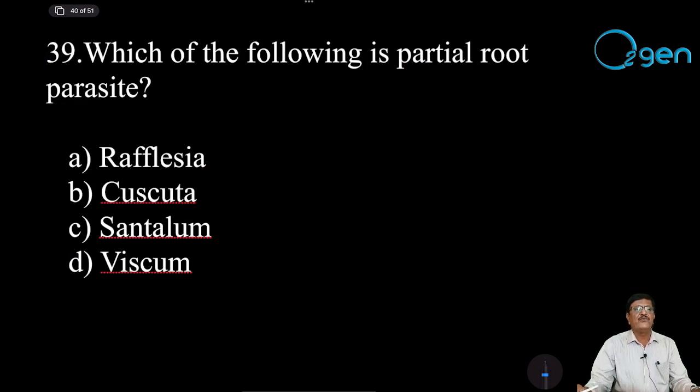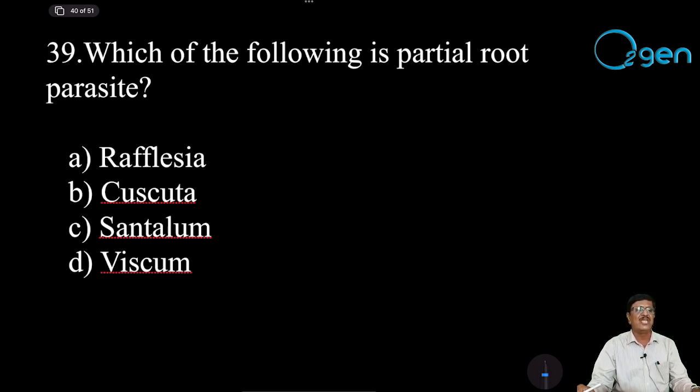Question 39. Which of the following is a partial root parasite? If a plant depends upon others for food and water, that is a total parasite.